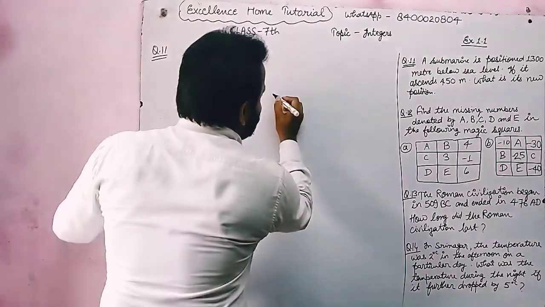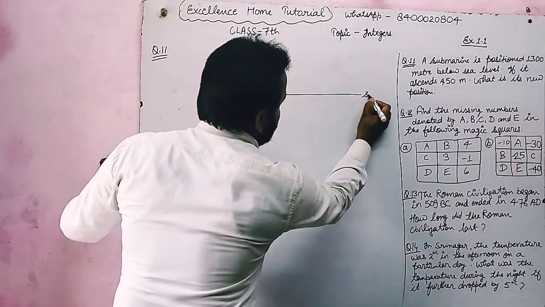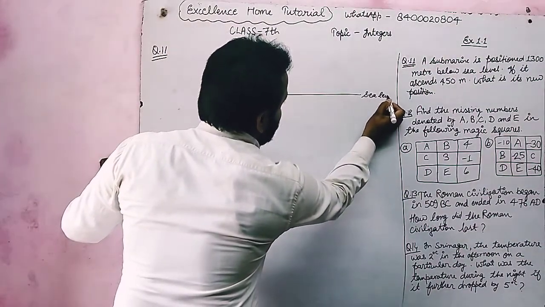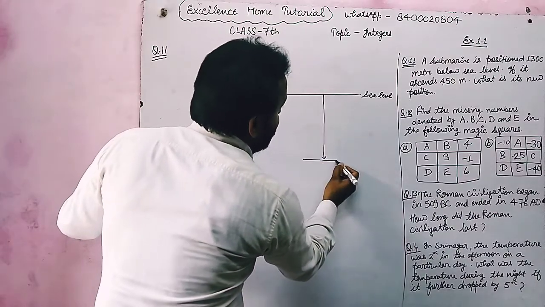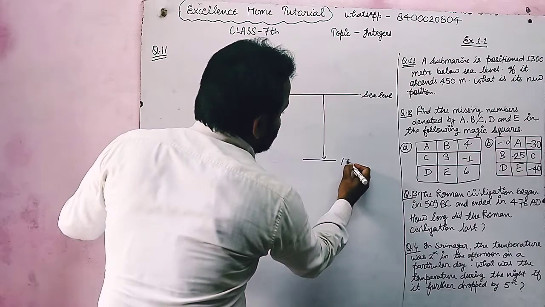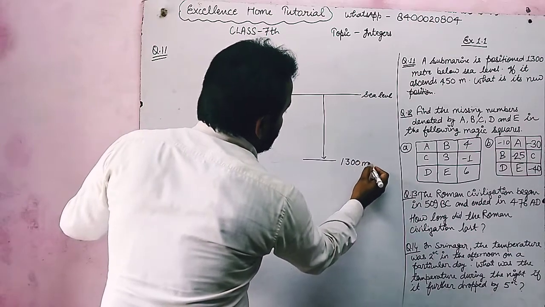In this question, let us consider this is sea level, and the submarine is positioned 1300 meter below.